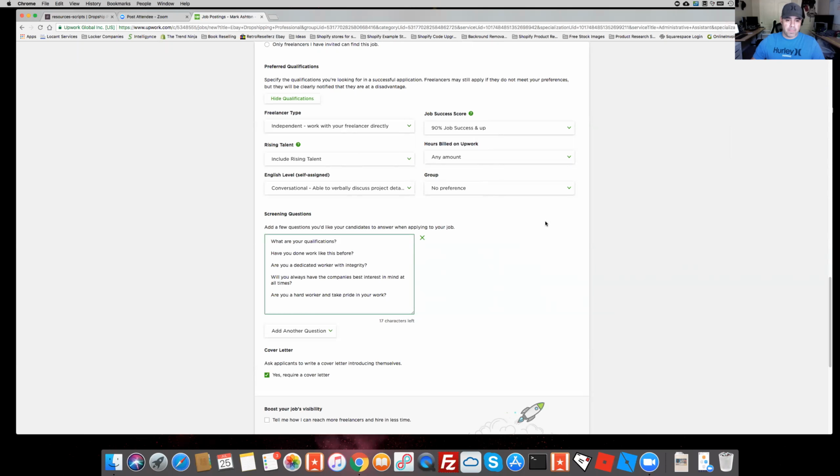Right. Are you a hard worker and take pride in your work? Again, that goes back to, are you dedicated? If you're a hard worker, that means you're going to do anything to show up to work. You're going to do everything in your power to make sure you do your job properly, and that the projects you hand down to them are done in a timely fashion, or just done properly.